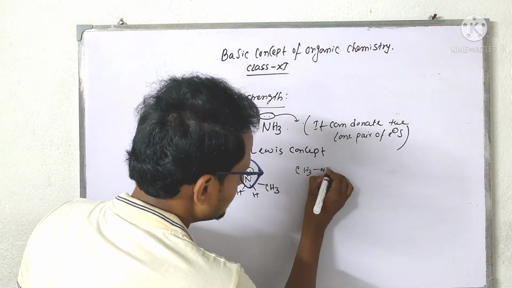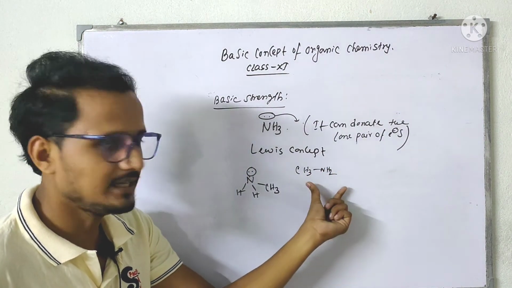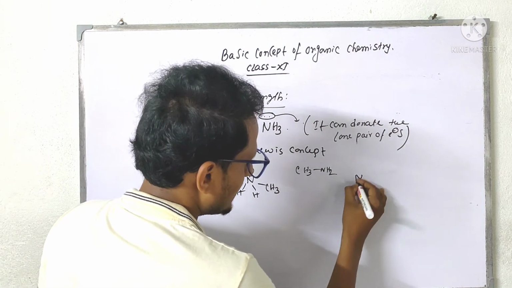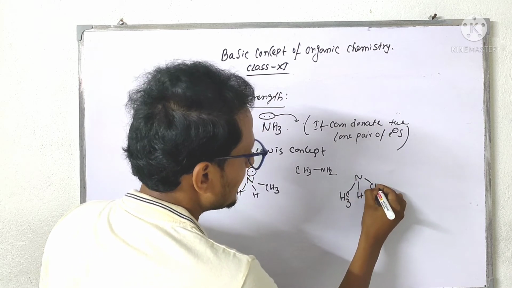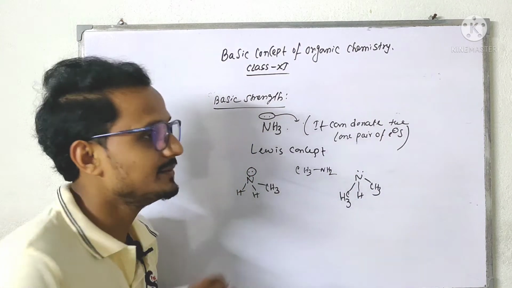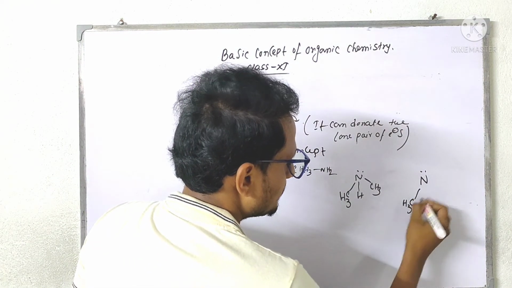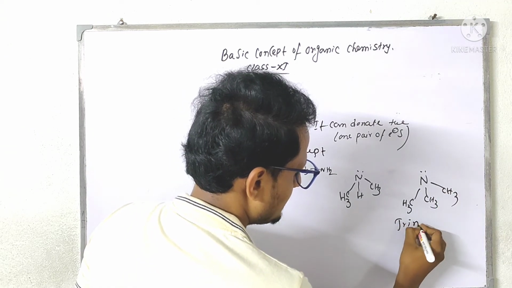This NH2 group is an amine, so it is methylamine. Again, I am replacing another hydrogen by another CH3 group, so we will get dimethylamine. And again, replacing another hydrogen by another CH3 group, we will get trimethylamine.